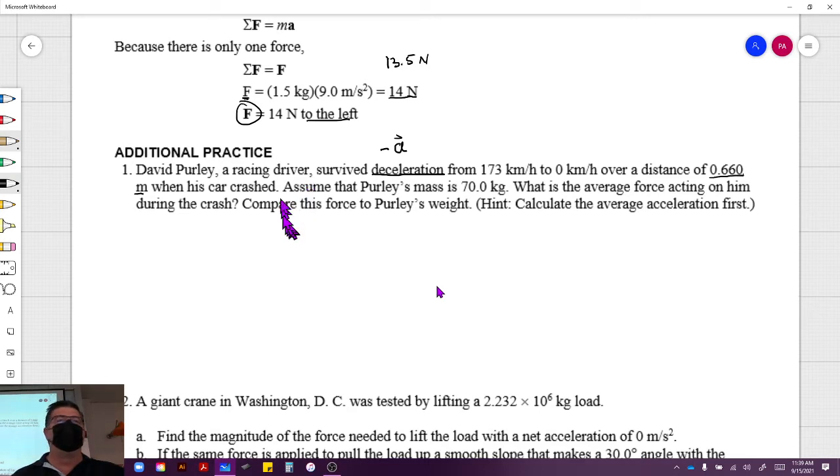Holy moly. When his car crashed. Assume that Purley's mass is 70.0 kilograms. What is the average force acting on him during the crash? All right, so average force, we know that F equals ma, right?